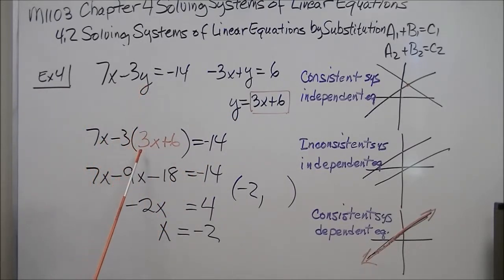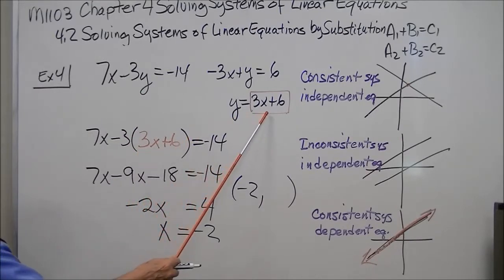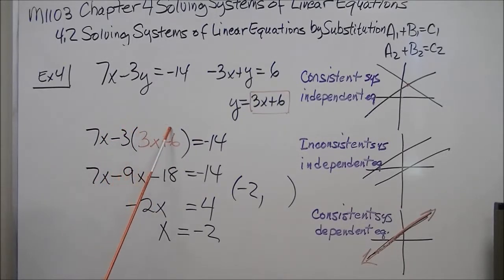There's the y, and I've replaced it through substitution with this value for y. I clear parentheses. I group like terms. Transpose this to the other side, becomes a positive 18, end up with a 4, divide both sides by a negative 2, and I get as an answer negative 2, which is my x value.